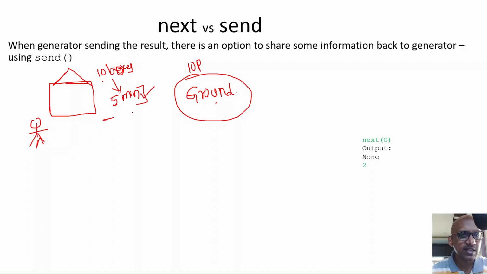So if this is the scenario, what is the option? You have to wait: for every box your mother takes 5 minutes to pack it, so 5 into 10, almost 50 minutes you need to wait to take all the 10 boxes to the ground.